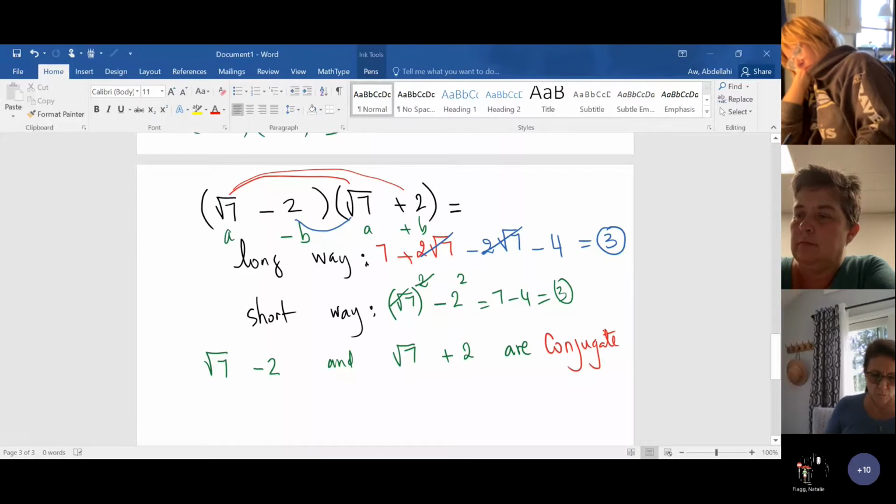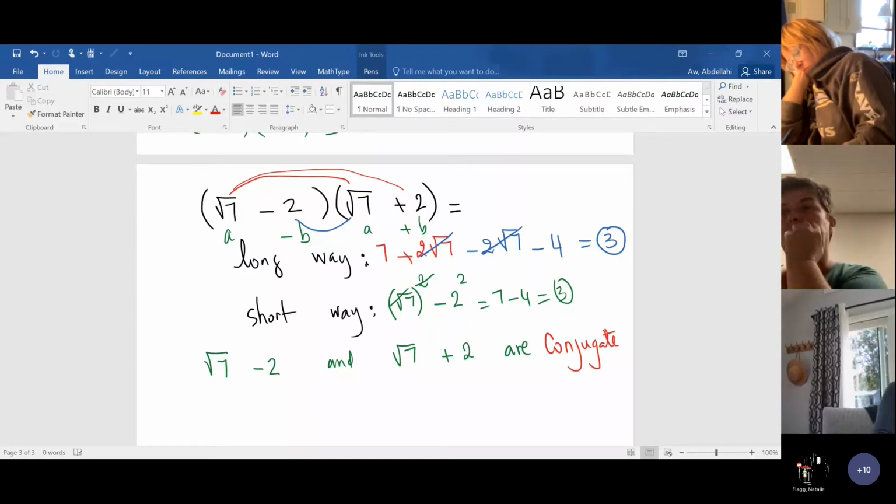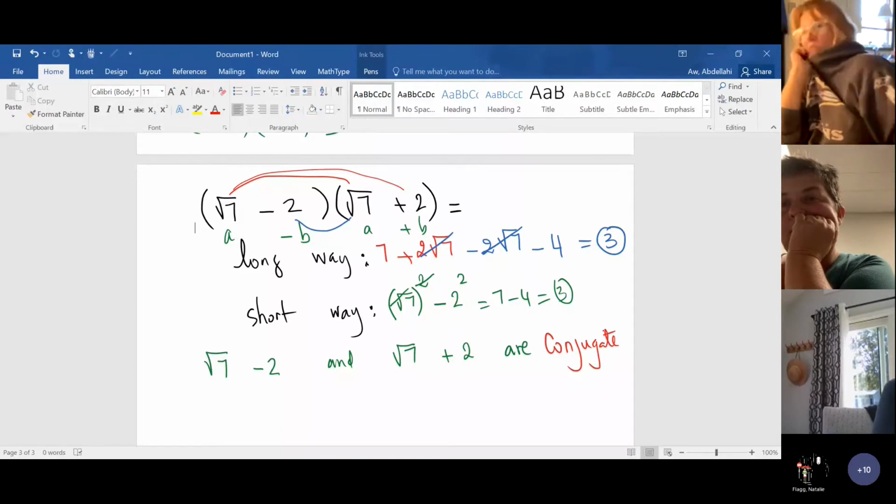So basically we're saying the conjugate of a plus b is a minus b. The conjugate of a minus b is a plus b, you see? So when we multiply two conjugates, we get a difference of squares, right?